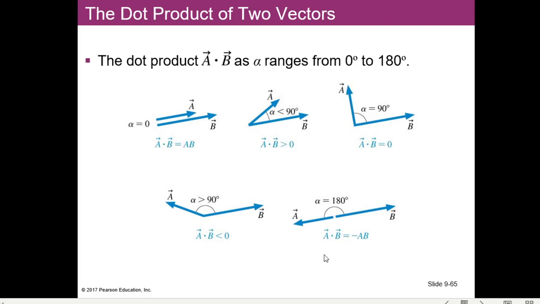In these two cases, we're going to get a negative number. Not because the magnitude of A or the magnitude of B is negative. Magnitudes can't be negative, but because of the cosine being negative. The cosine of an angle greater than 90 degrees is a negative number.